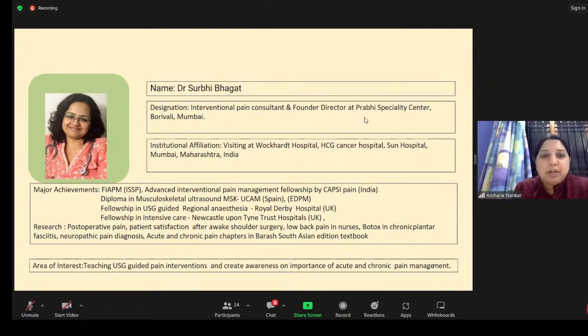Okay, so we will take up the topic of carpal tunnel syndrome, which is one of the commonest upper limb entrapment neuropathies. With us, we have Dr. Surbhi Bhagat ma'am. She is a founder director at Prabhi Specialty Center, Borivali, Mumbai. She is also affiliated with many hospitals in Mumbai, such as Wockhardt, HCG Cancer Hospital, and Sun Hospital.